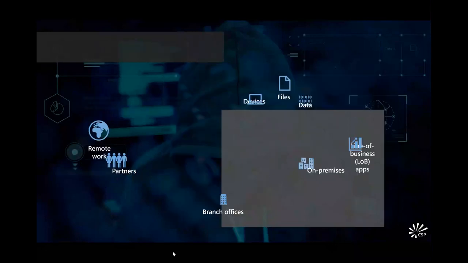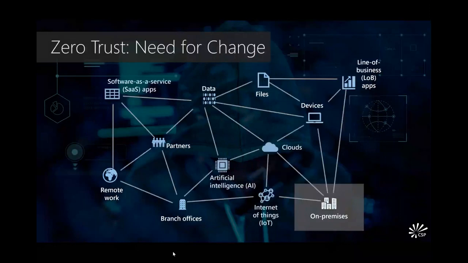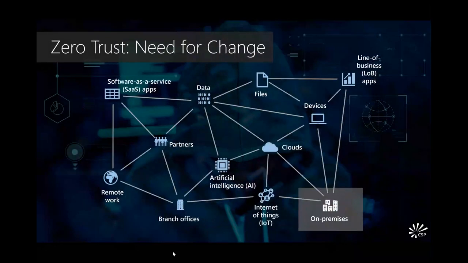And as that loads, you can see here in this diagram that the on-premise or office network has really moved from being the entire infrastructure or kind of the center of your IT universe to just a segment of a much broader picture.